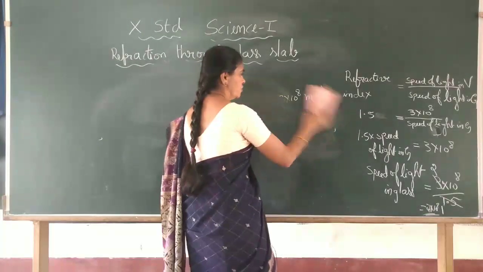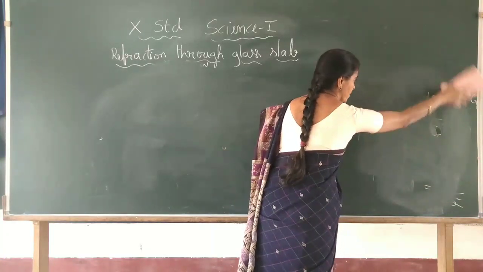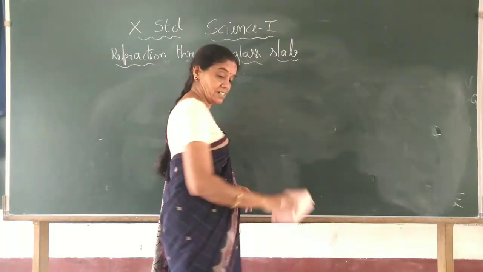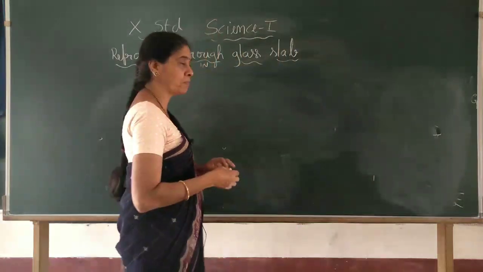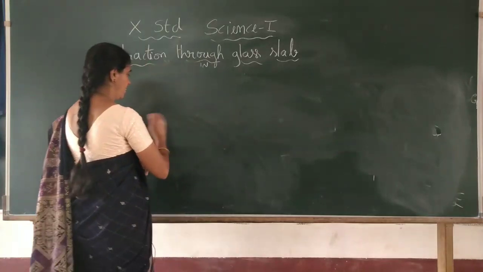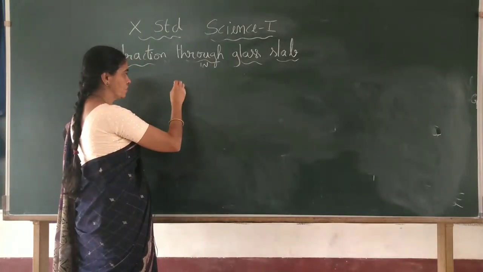Today we'll see mainly two types of lens. There are many types of lens. Lenses are transparent glass material whose surface is not plane.